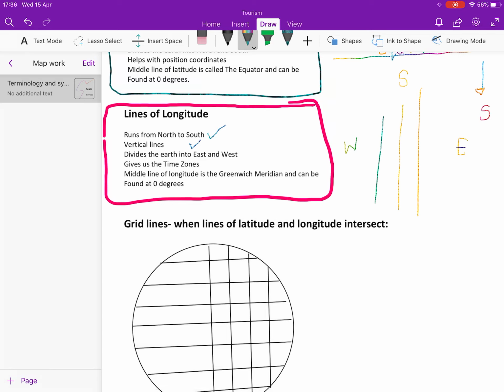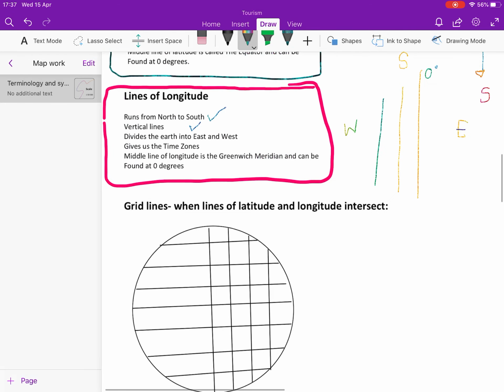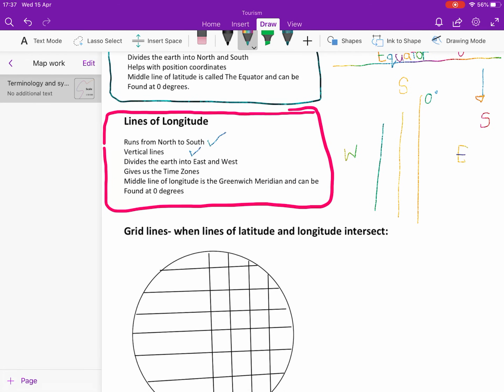These lines of longitude help us to understand time zones better. And the middle line of longitude, which can be found more or less over there on the earth, can be found at 0 degrees, and this line is called the Greenwich meridian. And this is where time zones will come in just now.